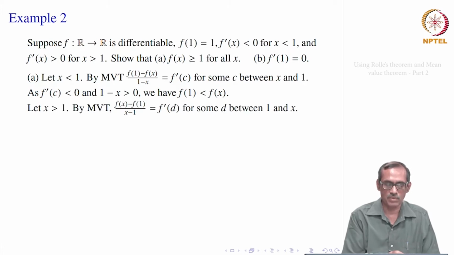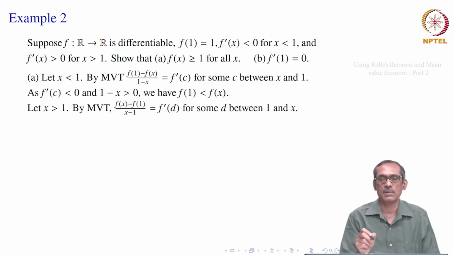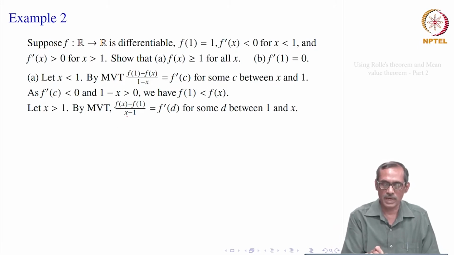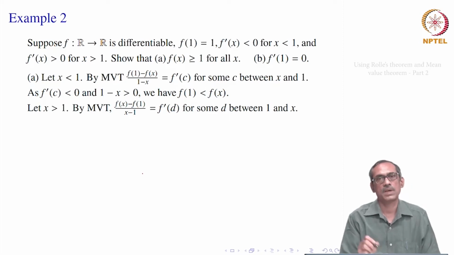Similarly, we will consider x which is bigger than 1. Let us take any point which is bigger than 1. Again apply the mean value theorem on the closed interval 1 comma x. So, there f of x minus f of 1 divided by x minus 1 is equal to f prime d for some d between 1 and x.